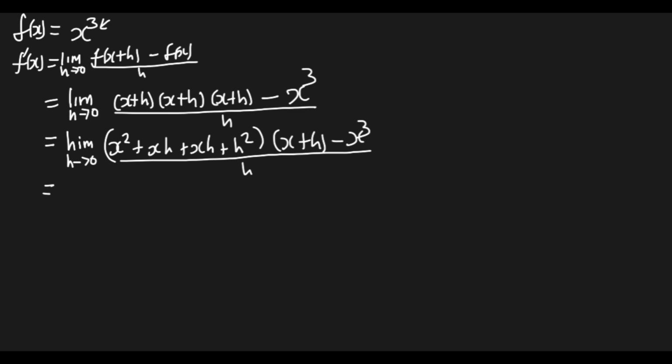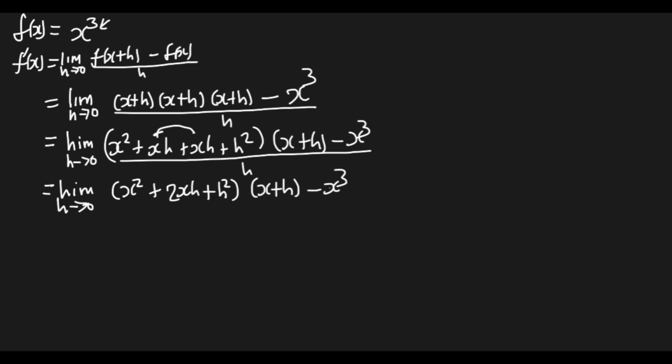So from the first bracket here, we can see that we have these 2 like terms. So we have limit as h approaches 0. So x squared plus xh plus xh is 2xh plus x squared h squared times x plus h minus x raised to the power 3 over h.